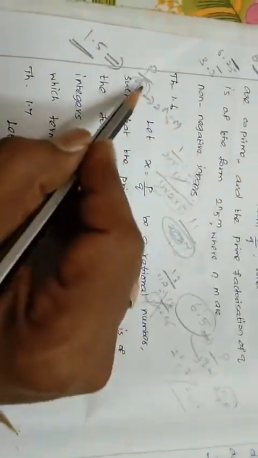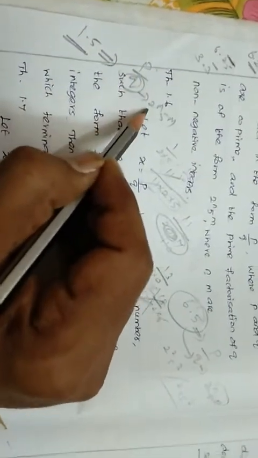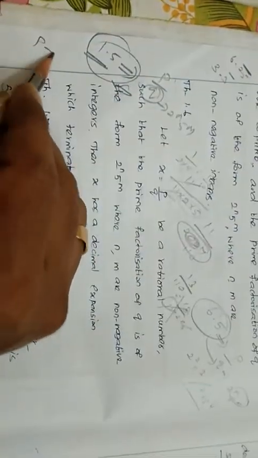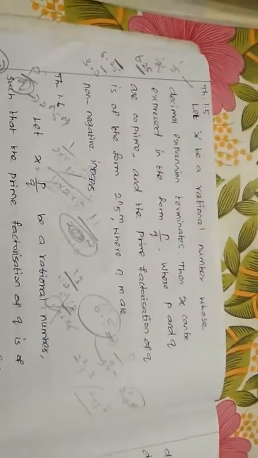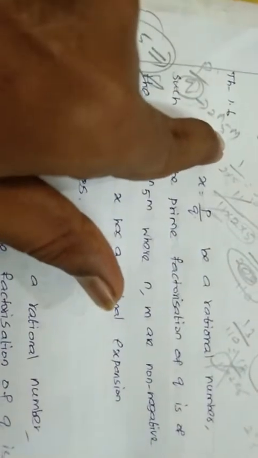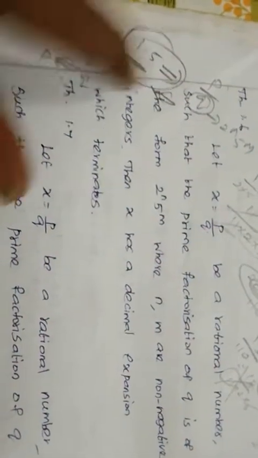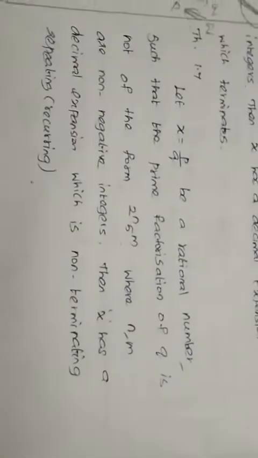The second theorem says that if it's p by q form and q is of the form 2 power n, 5 power m, then the number terminates. So we can tell this is the converse of the first theorem. If the number terminates, then q is only of the form 2 power n, 5 power m. Then next theorem: if the denominator q is 2 power n, 5 power m, then the number terminates. That's all, right?